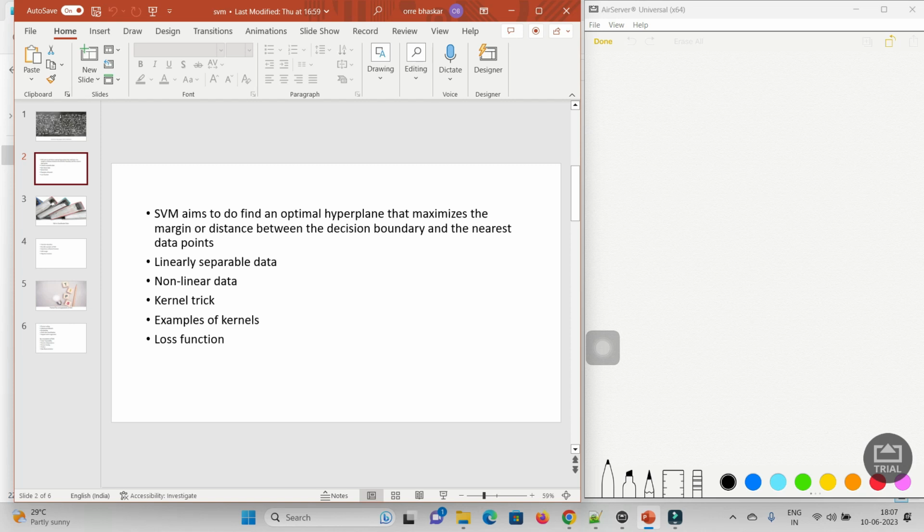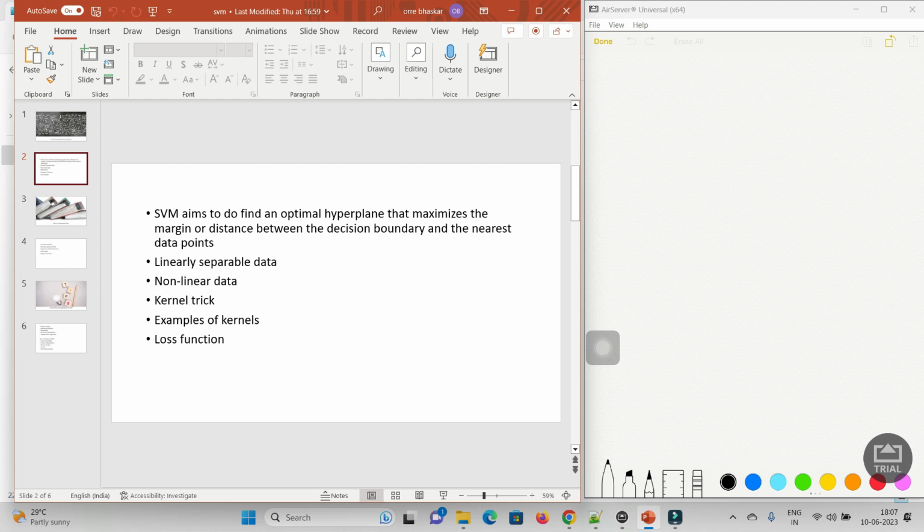To simplify things, let's consider linearly separable data, where a straight line can perfectly divide the classes. This is where linear SVM comes into play. It uses a straight line known as a hyperplane to create that separation.